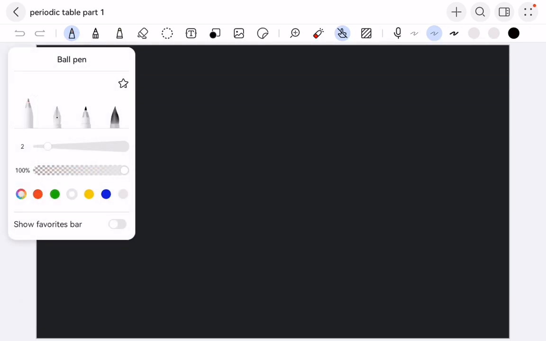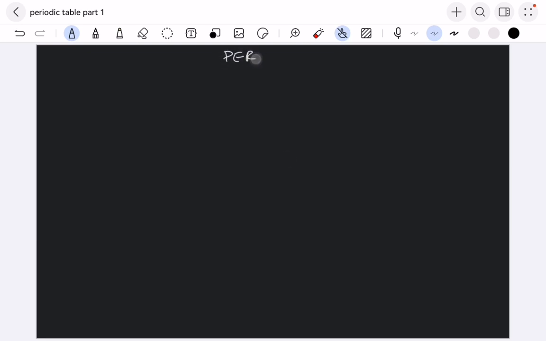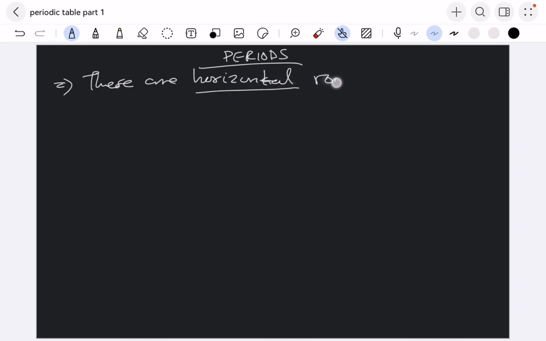What about the periods? What are periods on the periodic table? So we say these are horizontal rows on the periodic table.